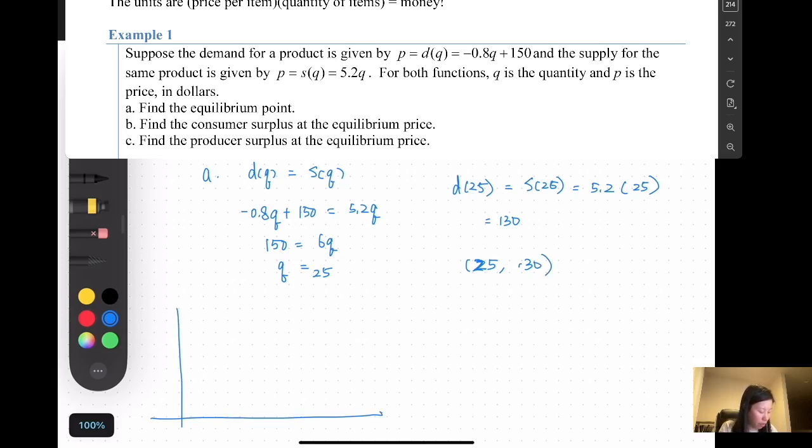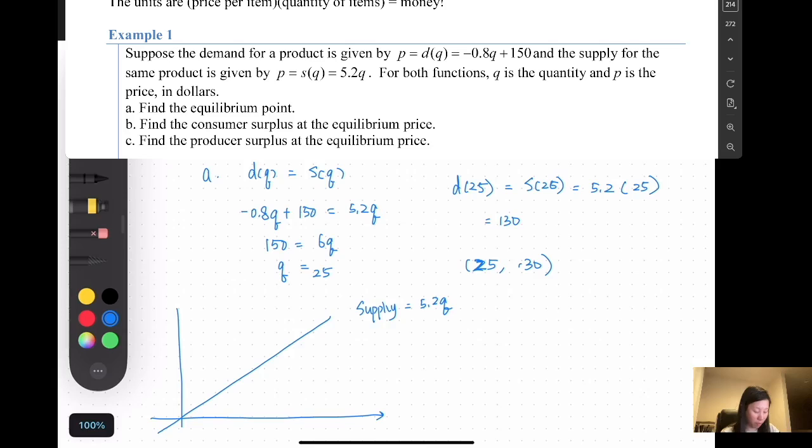Now look at the graph. In the graph, you can visualize what this looks like. I have a supply function, which is going to be an increasing function and crosses the origin. So this is our supply function, which is equal to 5.2q.